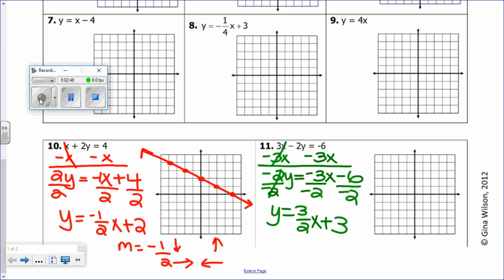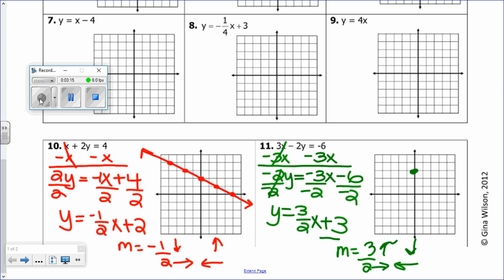So now we know that our y-intercept is positive 3. We're going to plot a point at positive 3. And now we have a slope of 3 over 2. So we're going to go up 3, right 2. From this y-intercept, I don't have enough space to go up 3, right 2, so now I'm going to go the other way. Down 3, left 2. Remember, I have to do the complete opposite.